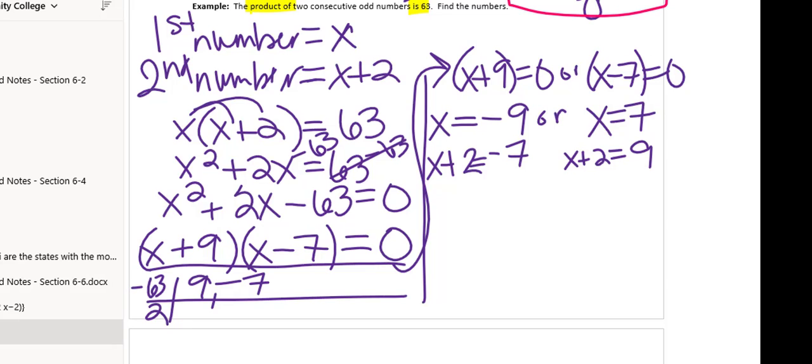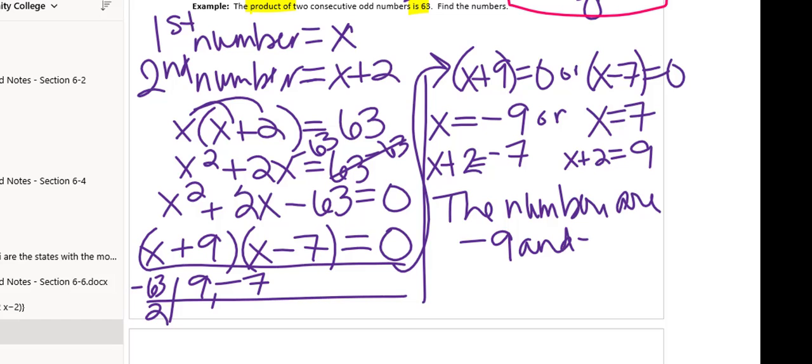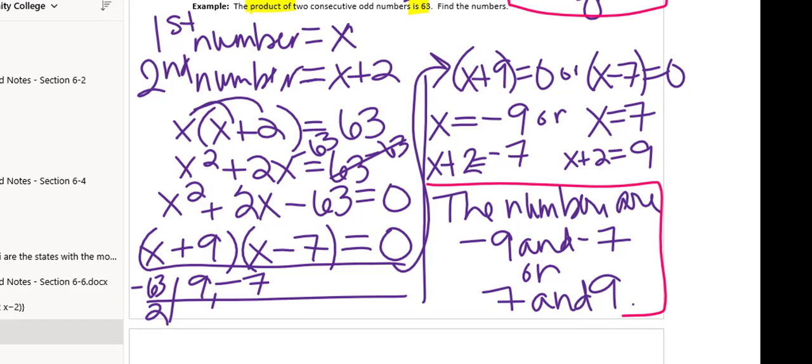So we have two sets of solutions. That's perfect. So how we should communicate this is: the numbers are negative 9 and negative 7, or 7 and 9, because they satisfy our question.